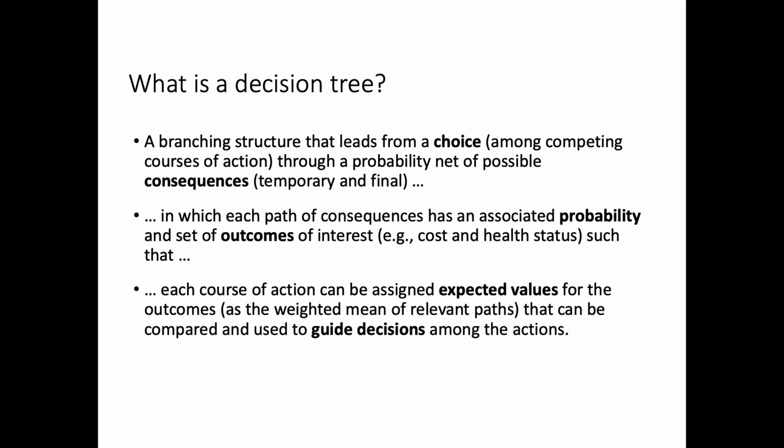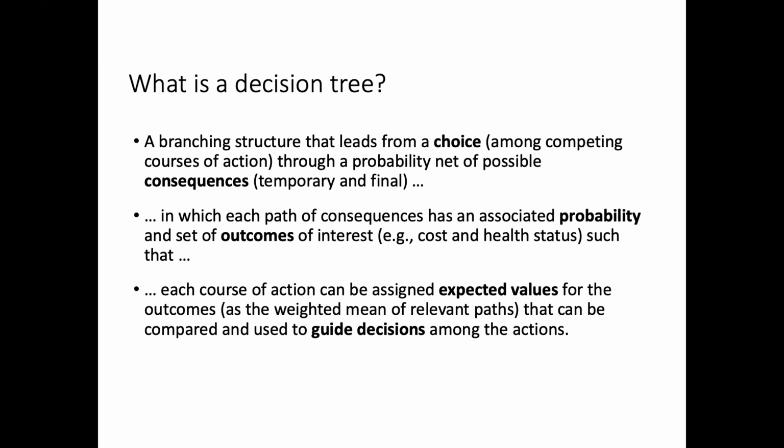First of all, a decision tree is a branching structure that is usually organized with the origin to the left, and it leads from left to right from a choice for a specified population among competing courses of action. So someone comes in with diabetes and you might have to choose between different treatment options.